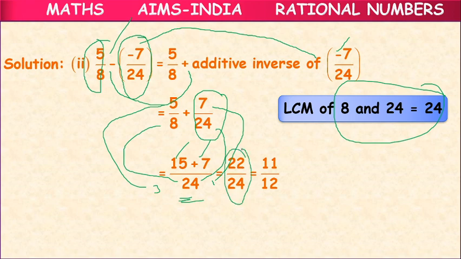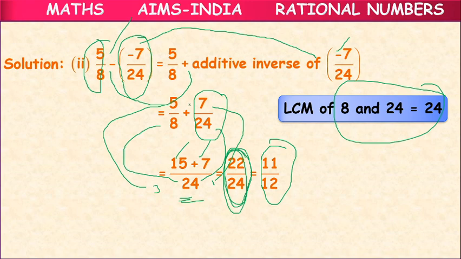This is the result after subtraction, which can be simplified further. If there is any possibility of cancellation, we have to do it, and always mention the result in its simplest form.